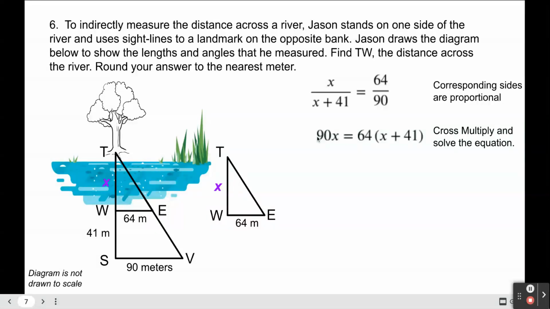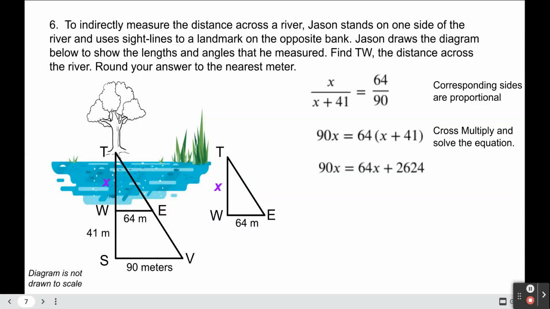So if you're okay with working with those fractions, feel free to do so, but I'm going to actually distribute at this point. 64 times x and 64 times 41. So we get 90x, just bringing that down, equals 64x, and 64 times 41 is 2,624.